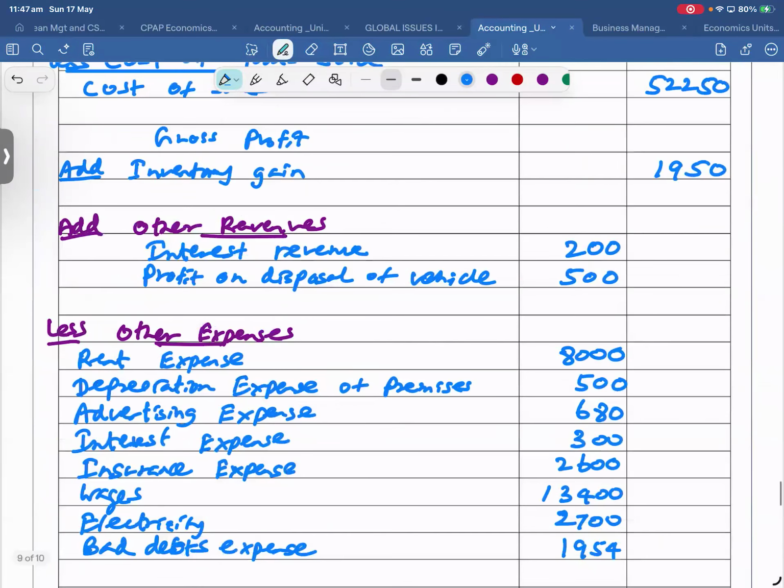Prepaid expense is an asset, which is what we call using the asset approach. Why do we say it is asset approach? Because, very good, prepaid expense. Let's write it.